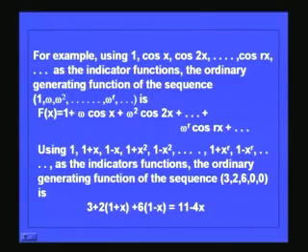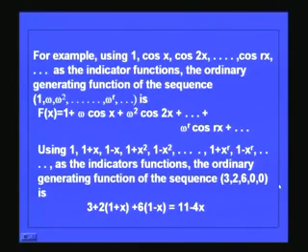Let us see, using 1 plus x, 1 minus x, 1 plus x squared, 1 minus x squared, etc., that is, 1 plus x to the r and 1 minus x to the r as the indicator functions, and suppose you take the sequence 3, 2, 6, 0, 0. What will be the ordinary generating function? 3 into 1, 2 into 1 plus x, 6 into 1 minus x, 0 into 1 plus x squared, 0 into 1 minus x squared.